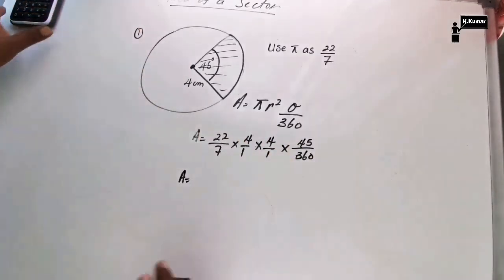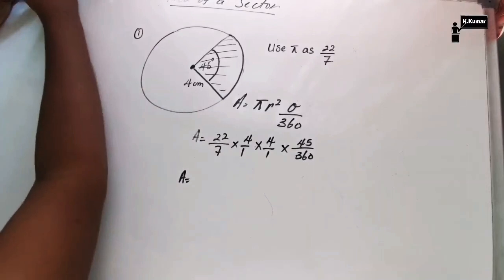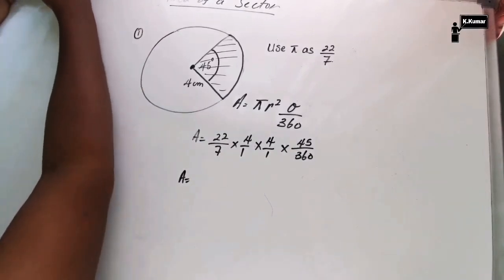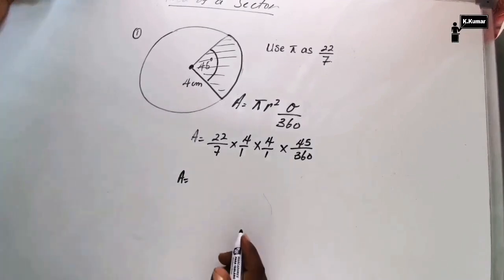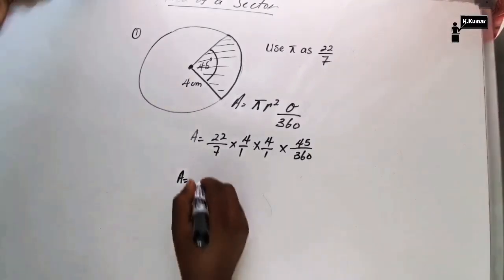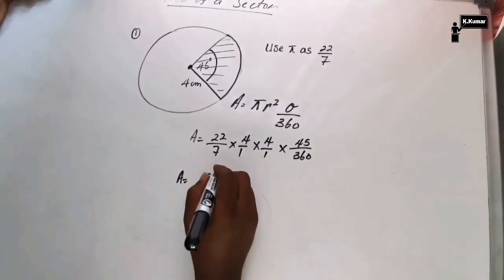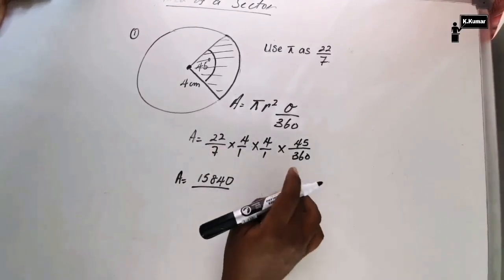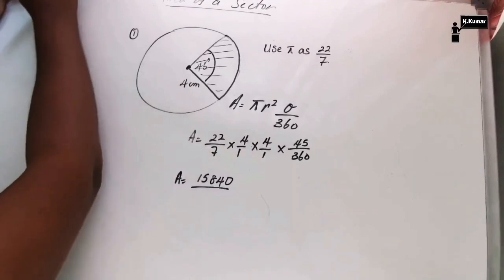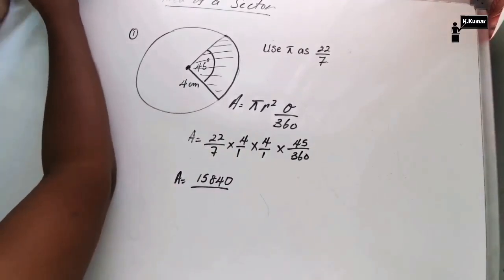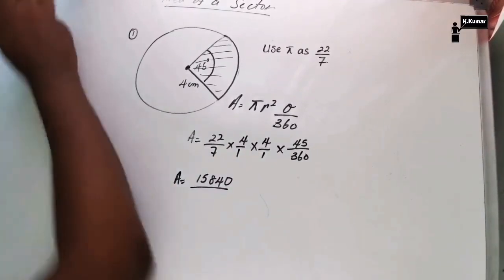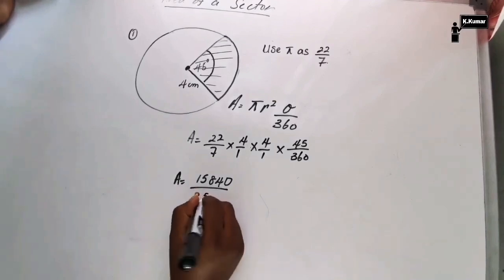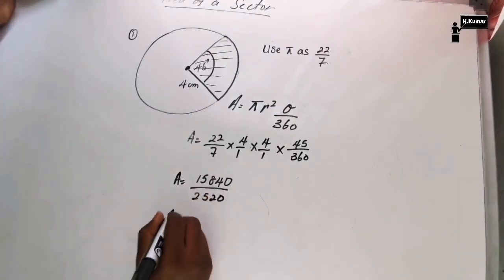A equals, we multiply all our numerators. That's going to be 22 times 4 times 4 times 45, and that's going to give me 15,840, divided by the denominators, which is 7 times 360. And that's going to give me 2520.